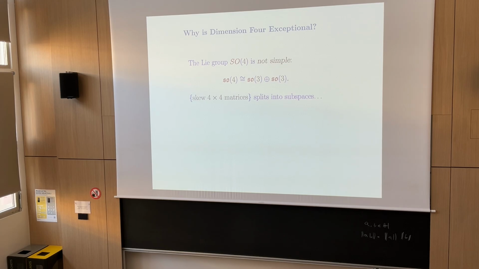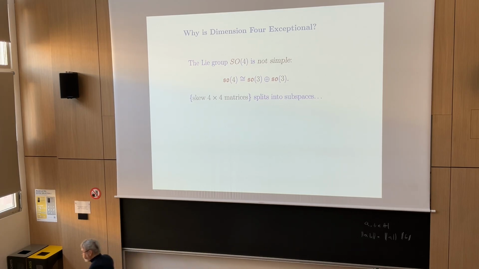In particular, there are these preferred subspaces of the space of skew 4x4 matrices that are invariant under the adjoint action of SO4 on its Lie algebra. So the rotation group acting on this Lie algebra of skew 4x4 matrices leaves two three-dimensional subspaces invariant.